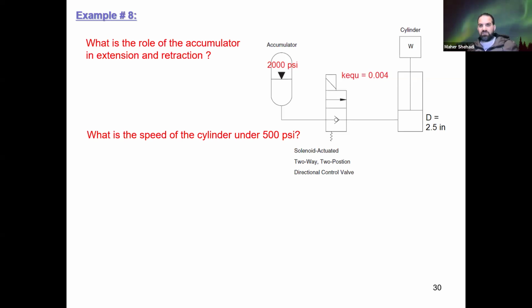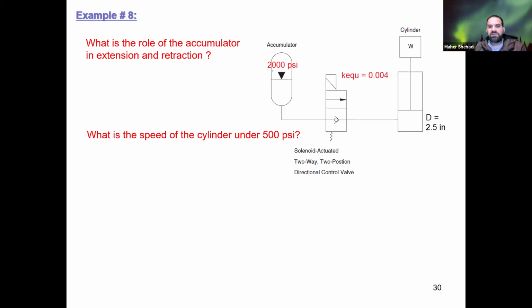So what do we have? We have a piston and it has a cylinder up there, and we're trying to push that cylinder up using an accumulator. So we have the accumulator.